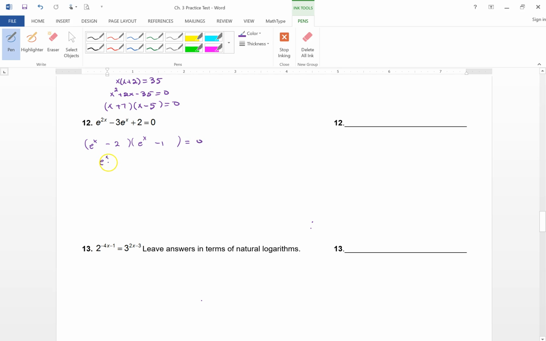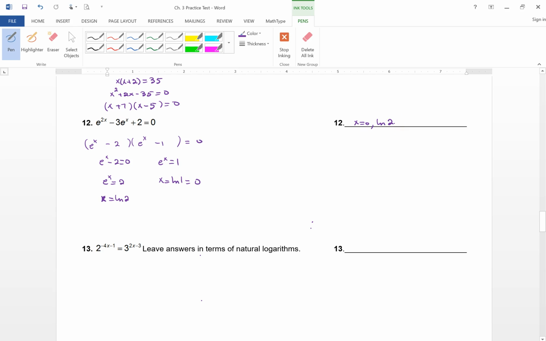That means e to the x minus 2 equals 0. e to the x equals 2, and x is equal to ln of 2. e to the x equals 1, x equals ln of 1, which is how much? 0. So the answer is x equals 0 and ln of 2.